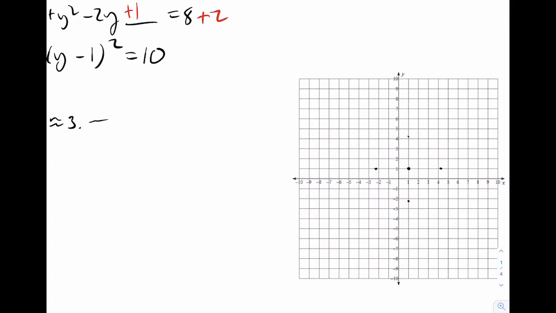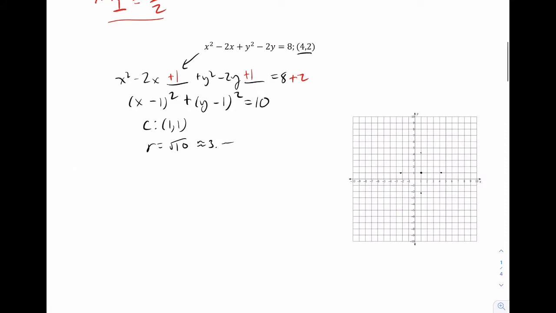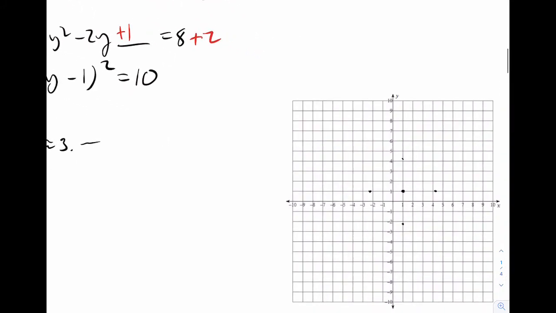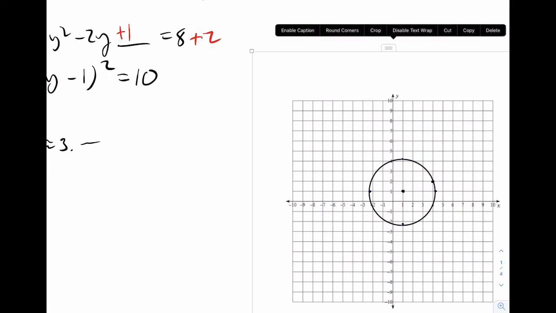And the given point is (4, 2), so we can use that to help us too. (4, 2). And we sketch our circle. So right there, that's pretty good.